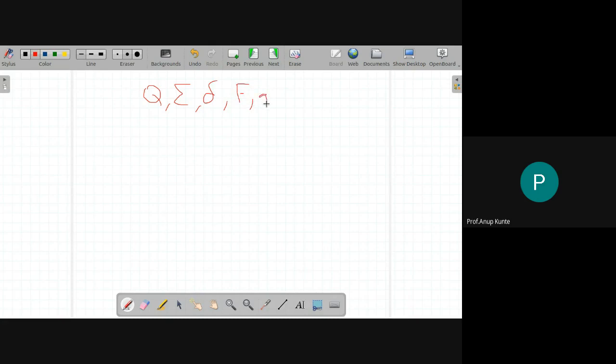So I need to write it nicely sometimes, because writing with this mouse is not that easy.